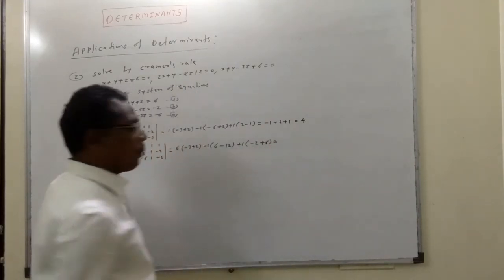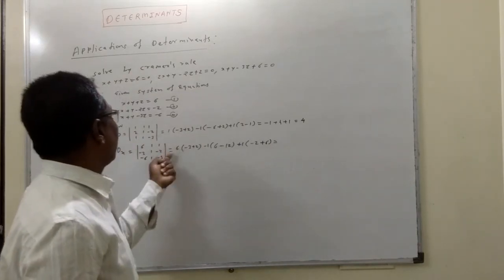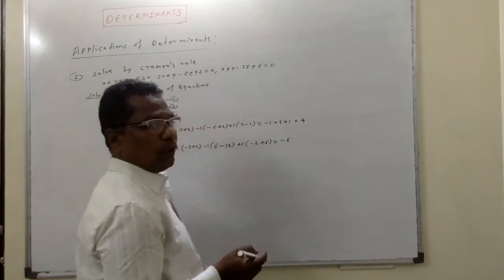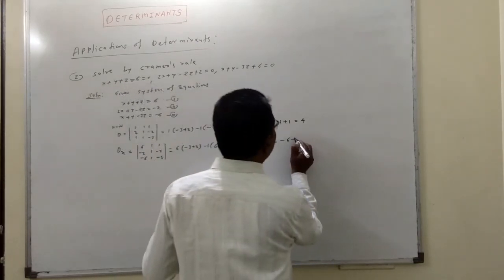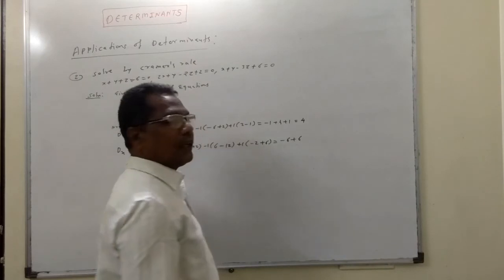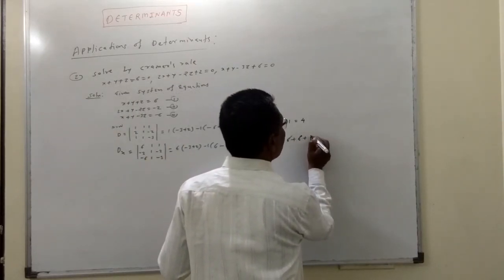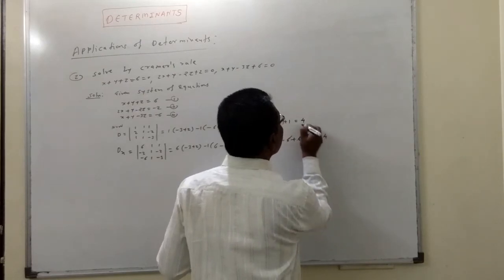So that is minus 3 plus 2 is minus 1 into 6 minus 6, 6 minus 12 minus 6 minus plus 6 minus 2 plus 6, so 4 into 1 is plus 4. Now this gets cancelled, so that is equal to 4.